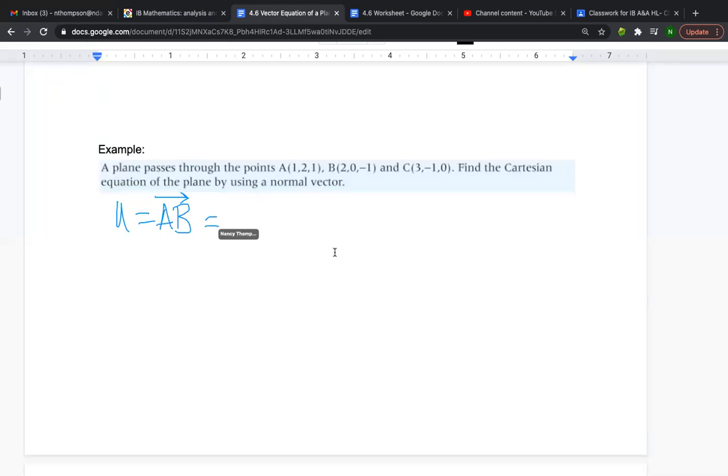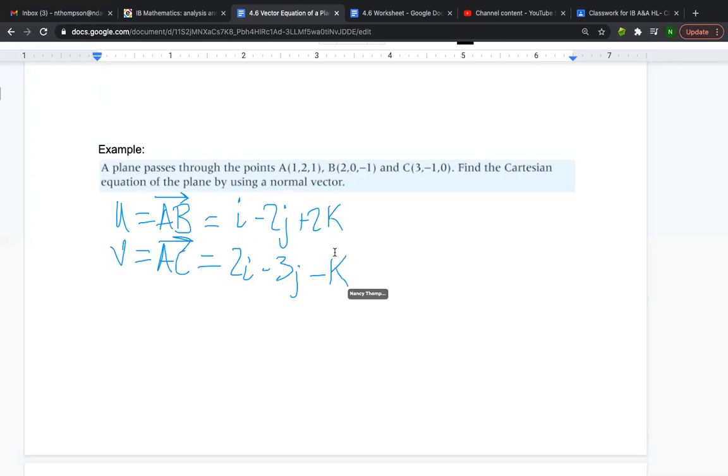And I'll just write this in the normal form first, I guess. So we have i minus 2j plus 2k. And then we have V is AC, which is 2i minus 3j minus k. Okay, so now I'm going to use that formula from the equation of a normal plane.